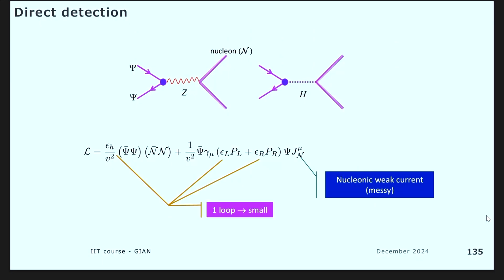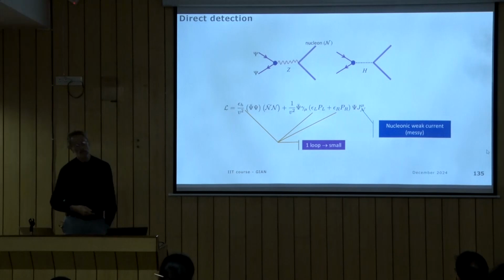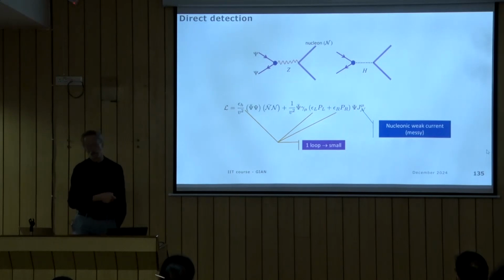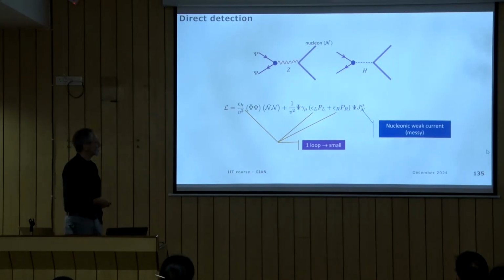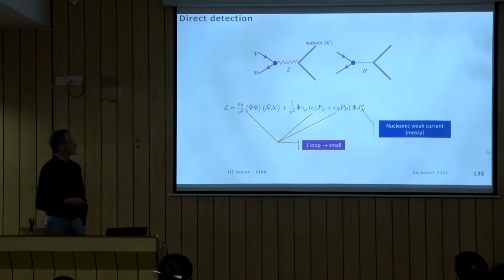The relevant interactions are of this form. This corresponds to the Higgs coupling. This corresponds to the Z coupling. And from it, you can extract, with a significant amount of difficulty because you're dealing with nuclei, not with protons, not with quarks, an expression for the direct detection cross-section.